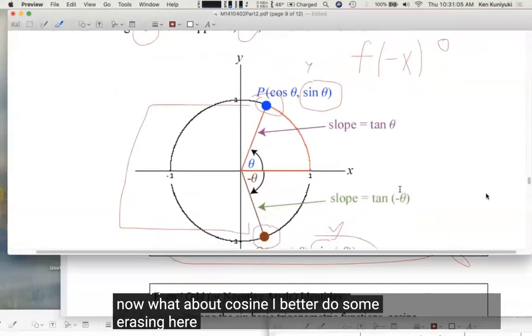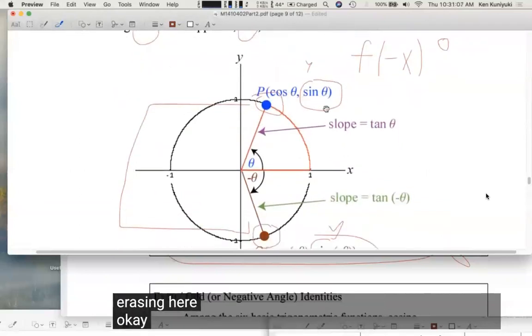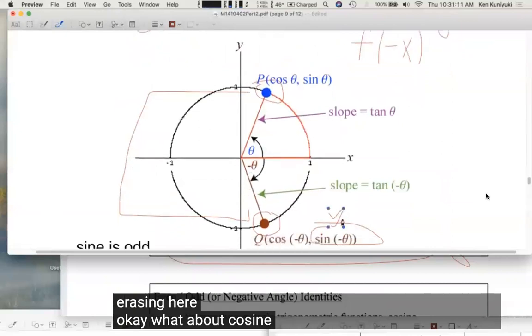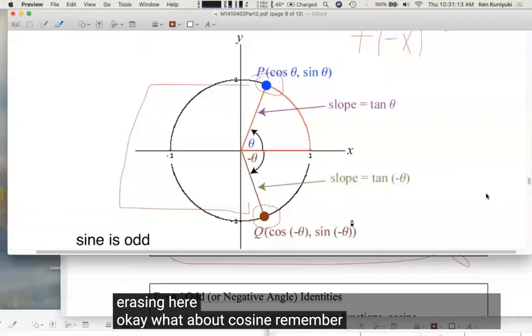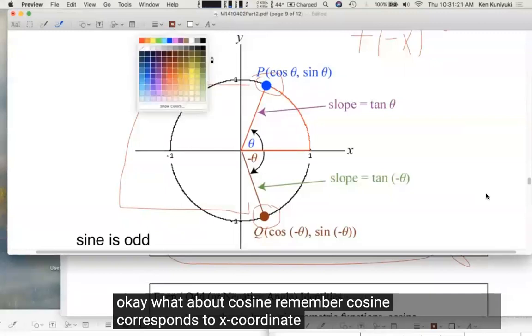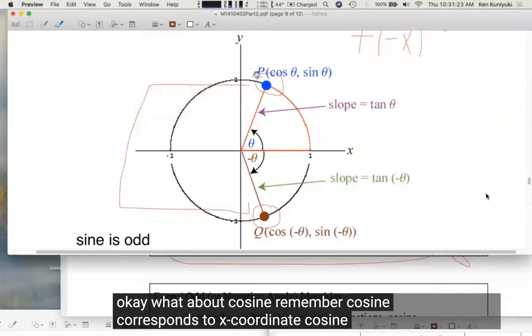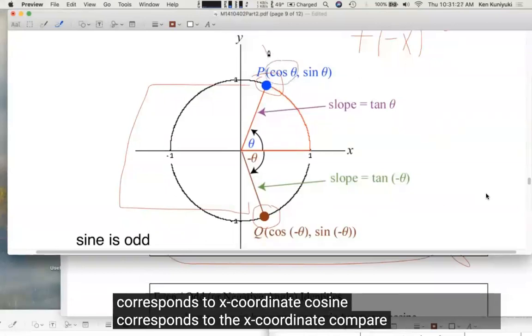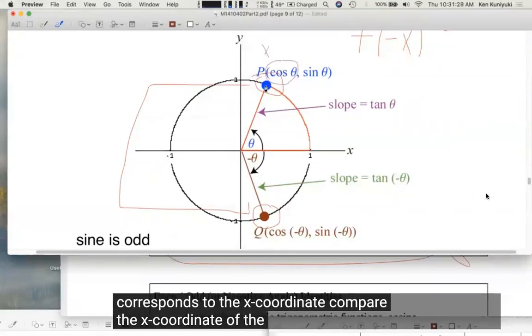Okay, what about cosine? Remember, cosine corresponds to the x coordinate. Compare the x coordinate of the blue point with the x coordinate of the brown point.